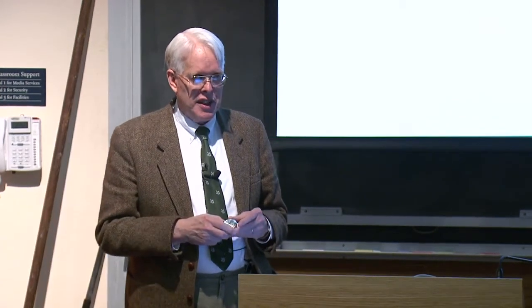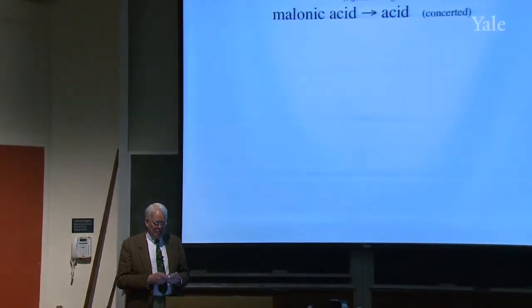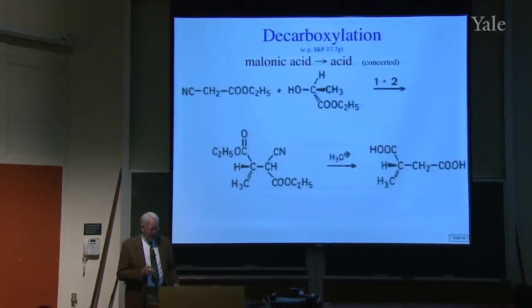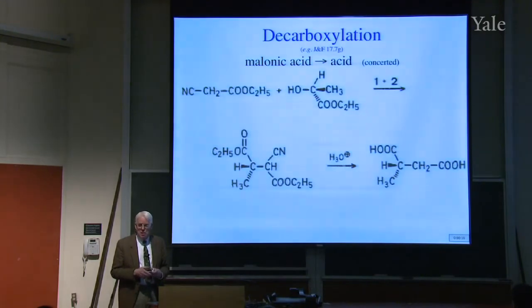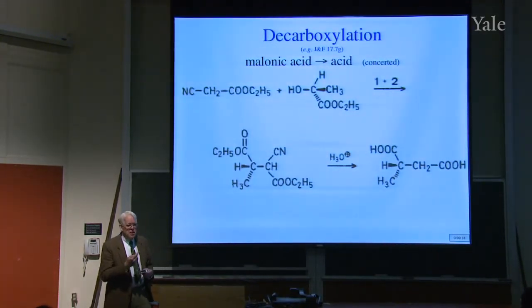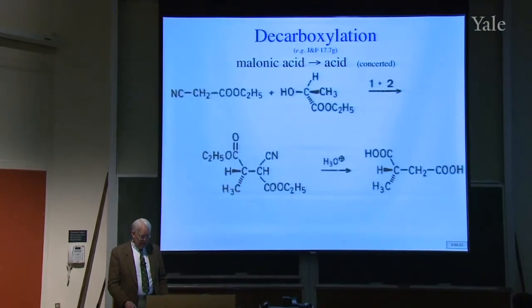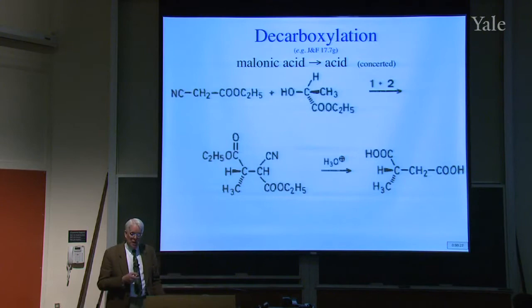Now, decarboxylation is another interesting reaction of carboxylic acids, and in particular of diacids, like malonic acid, which has two acid groups attached to the same carbon. This is the scheme that Mitsunobu used in his paper to talk about making the compound at the bottom right that we discussed last time or the time before that.